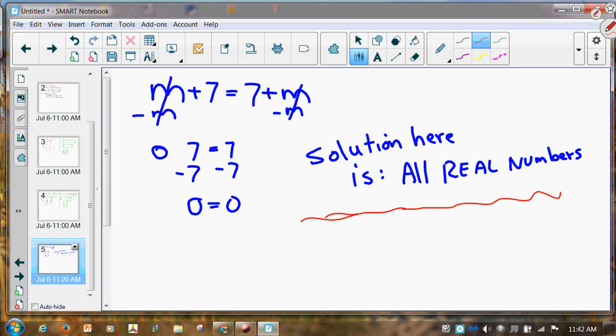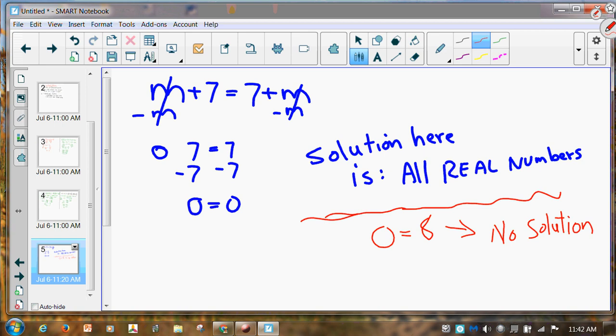Suppose you had done this and your solution came out to be that your variables all went away and you came up with a solution that said 0 equals 8, okay? If you get this, the indication there is no solution, okay? Because this gives us a falsehood as the solution to our equation.